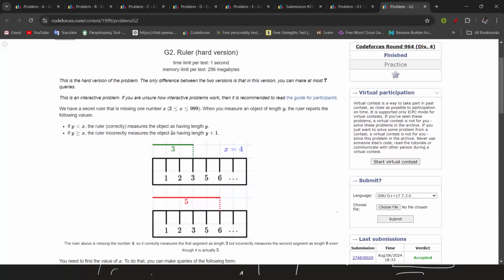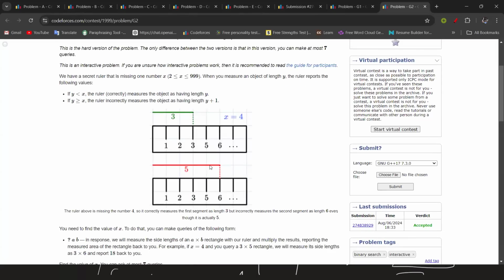If some value Y less than X is measured from this ruler, it would measure correctly. If we measure 3, 2, 1, it would measure correctly. But if we measure a length of 4, it would give 5. If we measure a length of 5, it would give 6. So for all y greater than or equal to x, it would measure y plus 1, and for all y less than x, it would measure y.